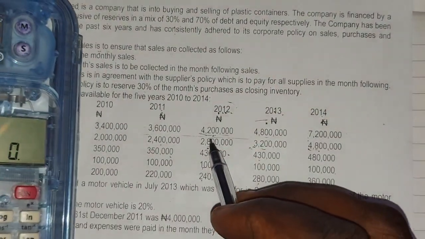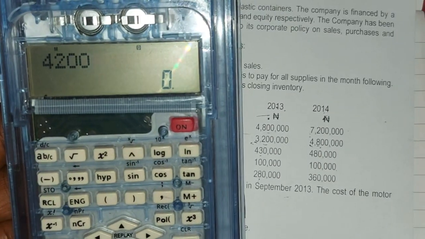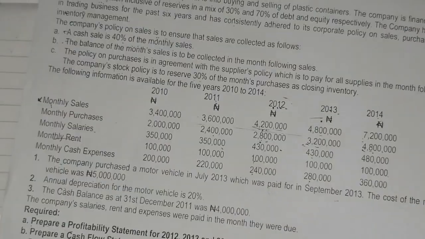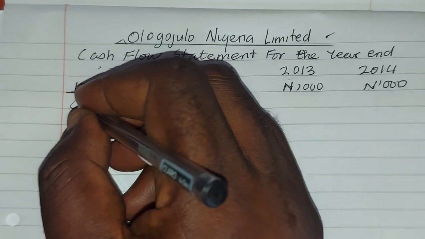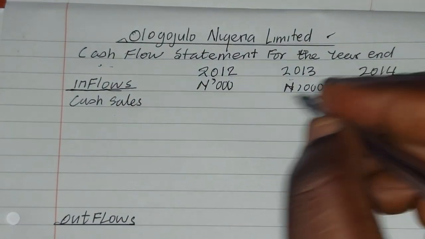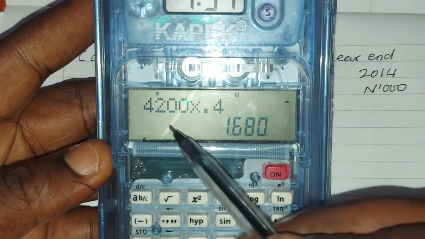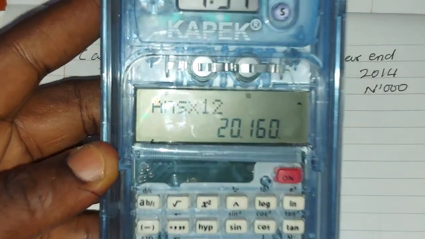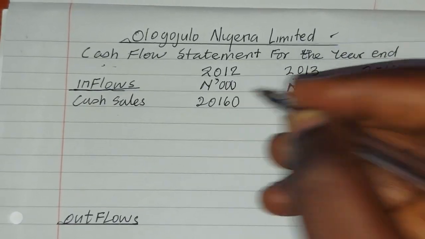So for 2012, we have 42 multiplied by 40%, which is the cash sales. Then this is 40% of the monthly sales, then you multiply by 12, and that is 2160.